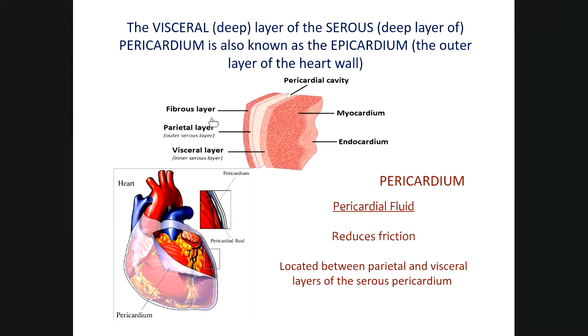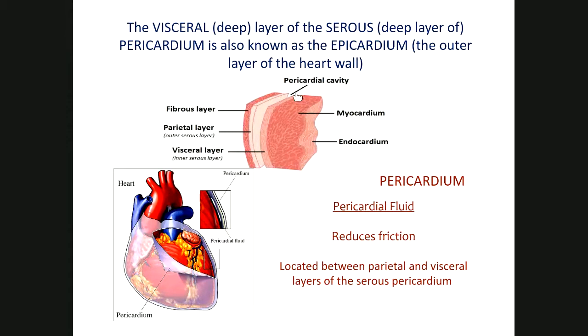Then we have the parietal layer, which anchors itself to the fibrous layer, and the visceral layer, which sits right on the heart tissue itself. Another name for the visceral layer is the epicardium. A little space in between is called the pericardial cavity, which has the pericardial fluid as a lubricating means.